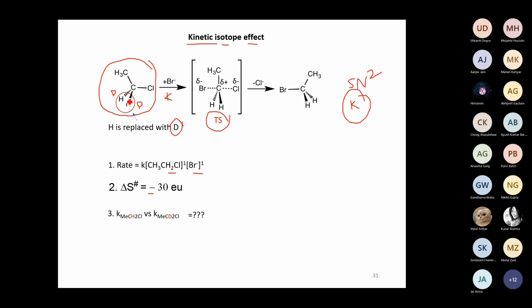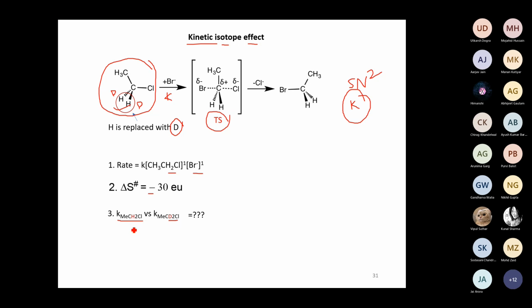Now let's see what is the effect of the isotopes on the rate constant. If it is the H, the rate constant will be k for MeCH2Cl. If you replace the H with D, then it will be MeCD2Cl. Now we need to investigate how the rate constants compare, whether the value is the same or not. If it is the same, there is no kinetic isotope effect.